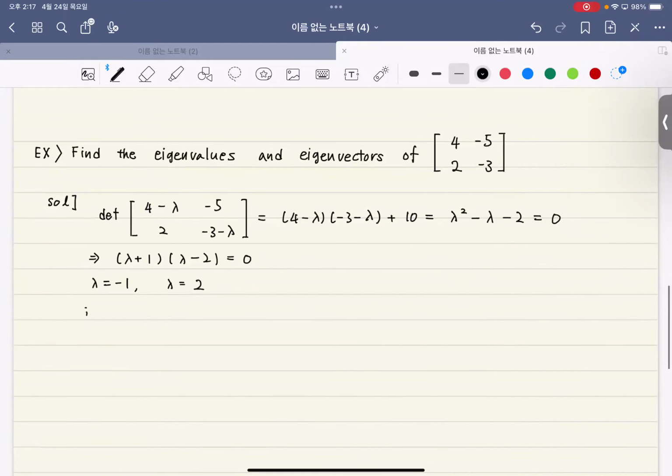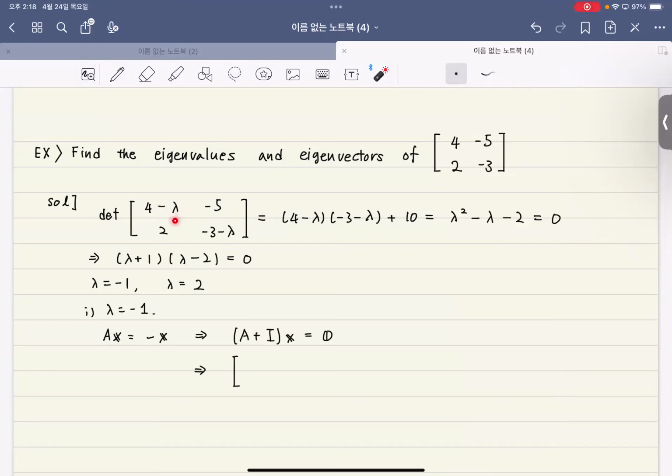So for each of these eigenvalues, we want to find the eigenvectors. Let me start from the eigenvalue minus 1. So AX is minus X. Therefore, A plus I times X is the zero vector.